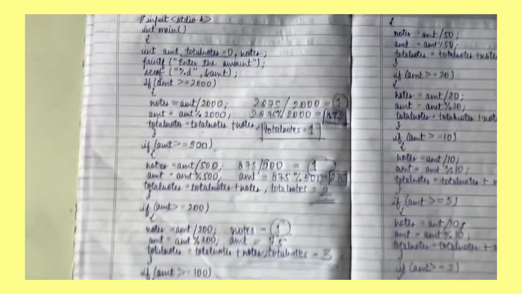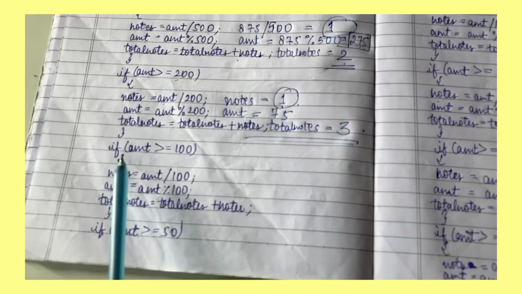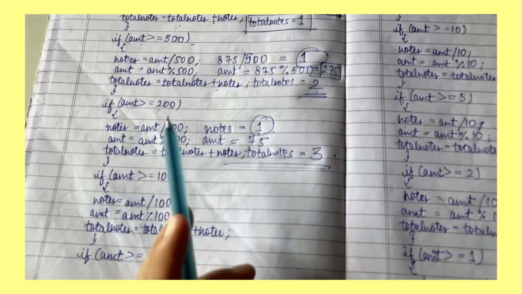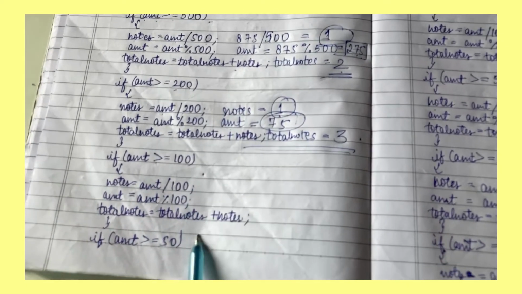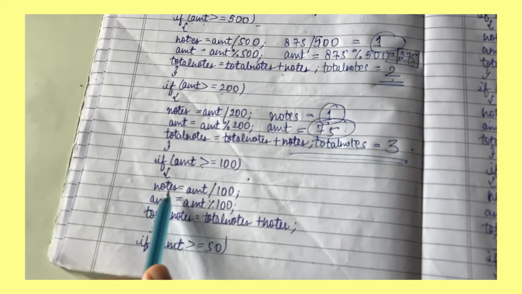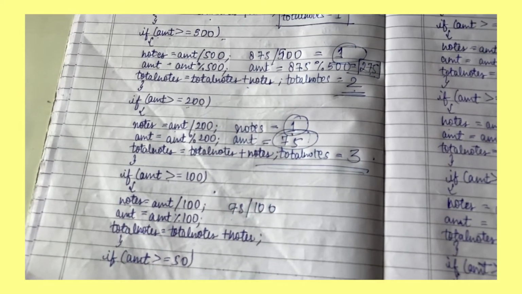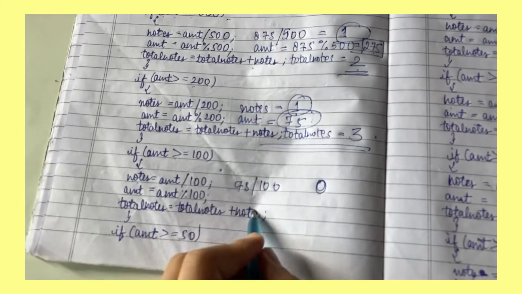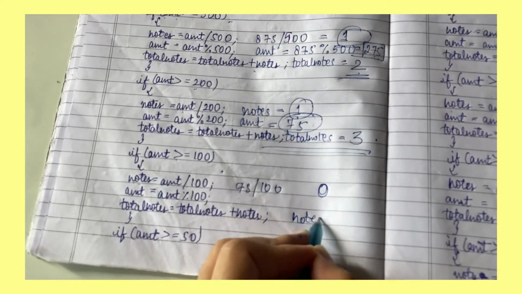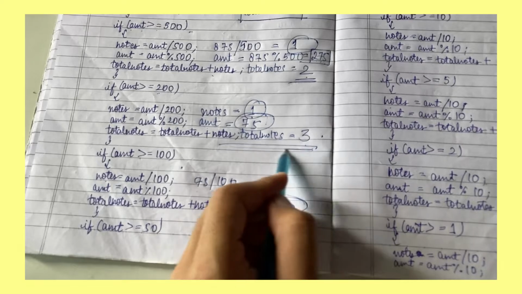Then again checking this condition, amount greater than or equal to 100, 75 greater than or equal to 100, condition false. But when we divide 75 by 100, we will get 0. So from here the notes will be 0, that's why no addition to the total notes.